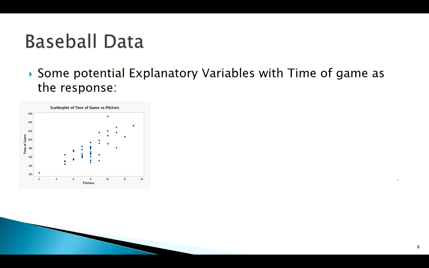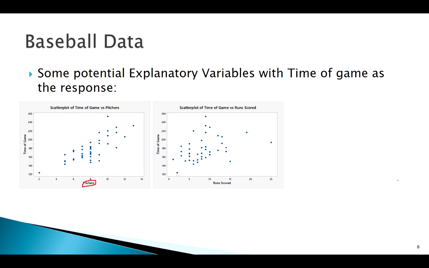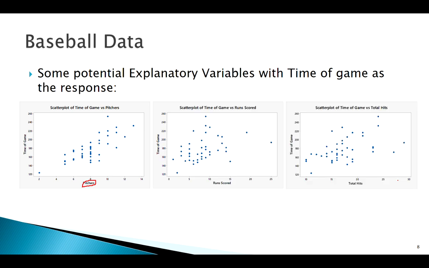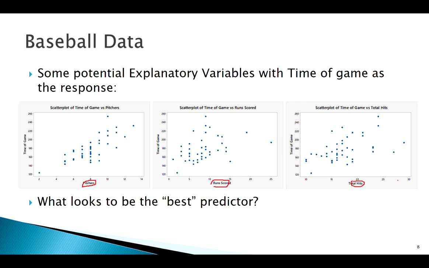Here are some scatter plots of some of those potential explanatory variables with time of game as the response. Here's pitchers as my x, my predictor, with time of game as the response. Here's runs scored. Here's hits. So the question is, out of these three, pitchers, runs, and hits, what's the best predictor? I've got best in quotes there because what does that really mean?